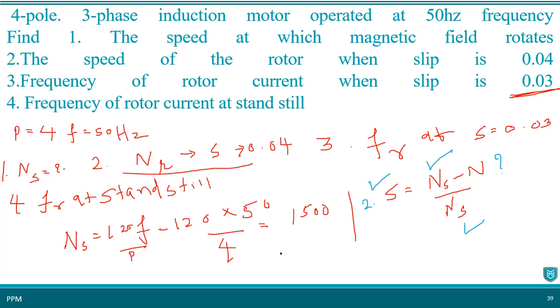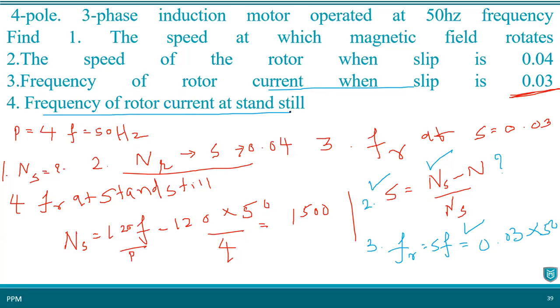Okay. So let's go to the third part of the calculation, where you need to calculate the frequency of rotor current. The simple equation is Fr is equal to S into F. Slip is given as 0.03, and it has to be multiplied by 50. You will get the answer. Last is the frequency of rotor current at standstill.